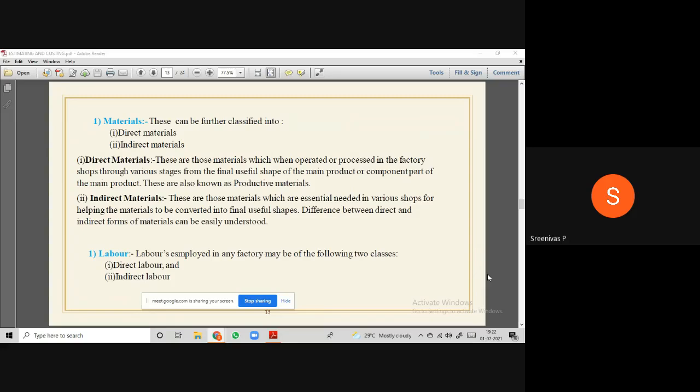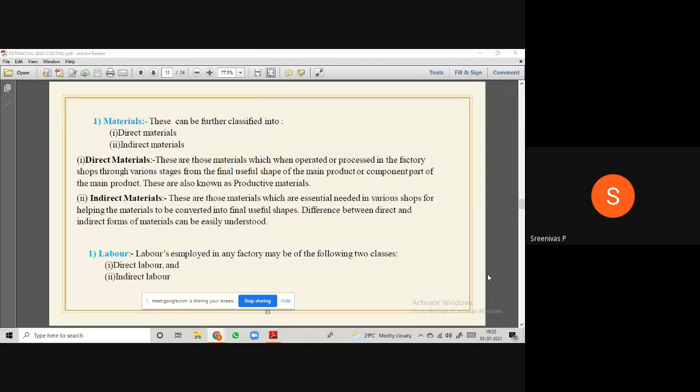So here, coming to materials, this is further classified into direct as well as indirect materials. Direct materials are the materials which are operated or processed in the factory through various stages from raw material stage to the final shape of the main product or component part of the main product.